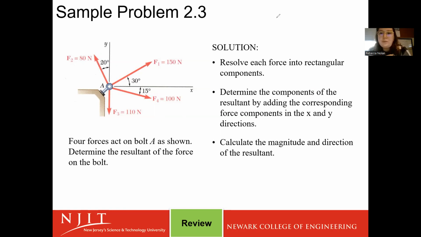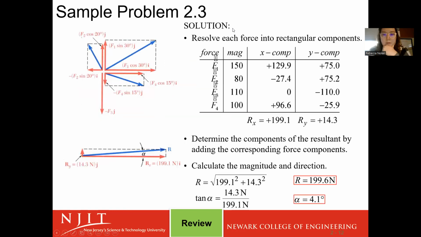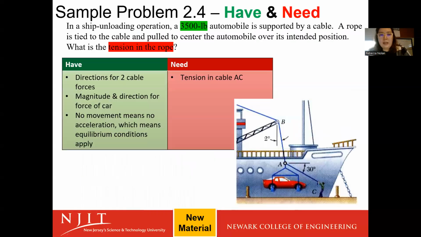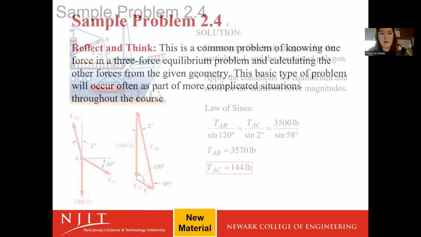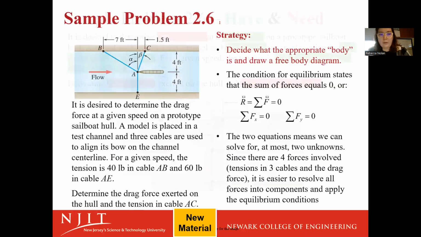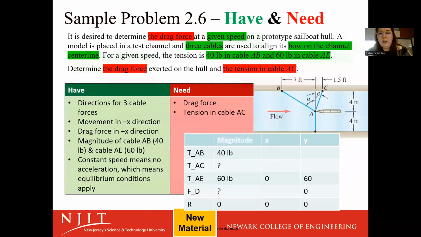But so when we have something not in equilibrium, we're trying to find the resultant force, we're going to sum and get values for the resultant force. And in a case like this one as well, honestly, but also this one, since we know that it is at a constant speed, we know that the resultant force is 0.